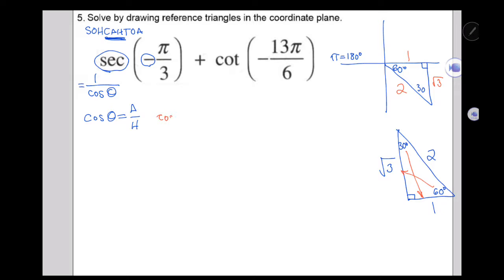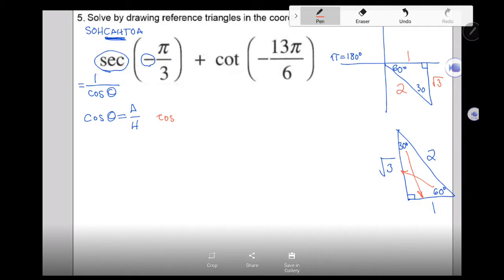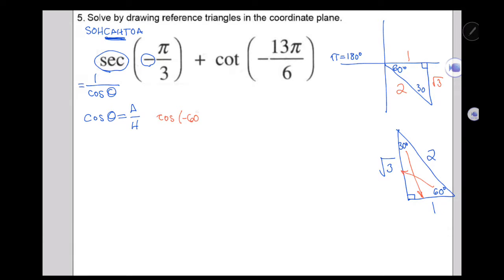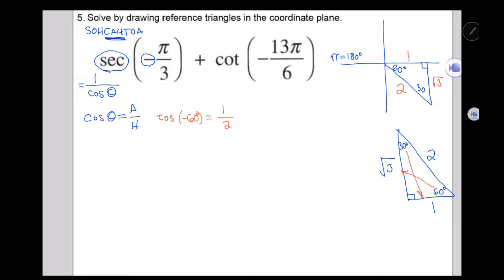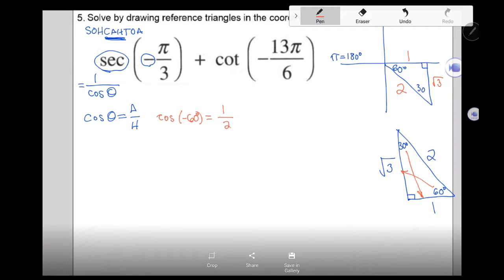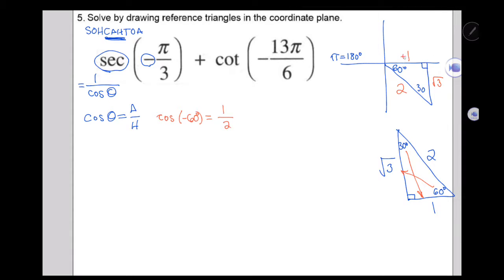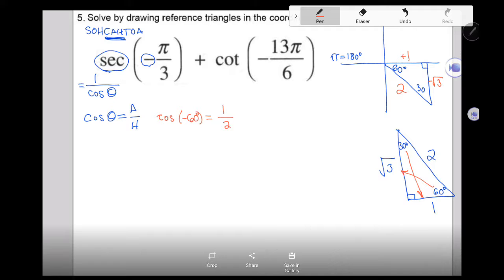The cosine of negative 60 is equal to 1 over the hypotenuse, which is 2. By the way, that's a positive 1, so I don't have to worry about the signs. If I was using the square root of 3, that would be a negative, but I didn't have to use it, so I don't have a negative here.